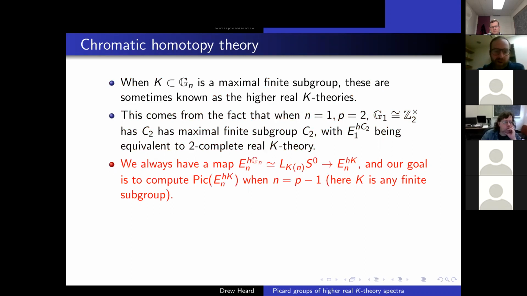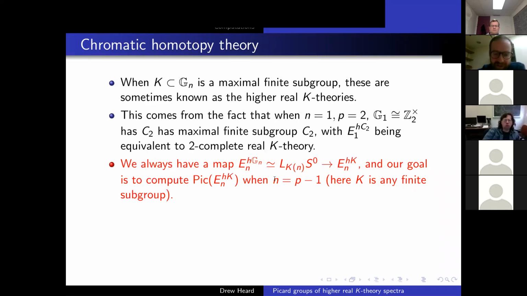From this equivalence before, the homotopy fixed points with respect to the full Morava stabilizer group is just the K_n-local sphere. If we pick a maximal finite subgroup, or any finite subgroup, we get a map from the homotopy fixed points of G_n to E_n^{hG}. So what we're going to do today is fix n equals p minus 1, pick any finite subgroup, and try to compute the Picard group of modules over E_n^{hG}, this spectrum.